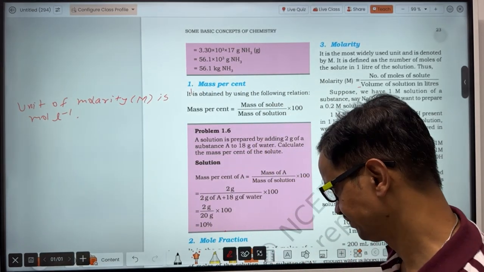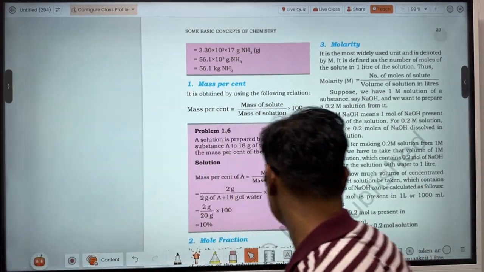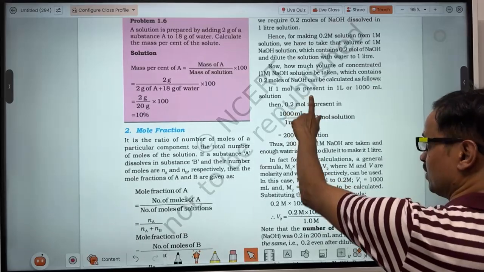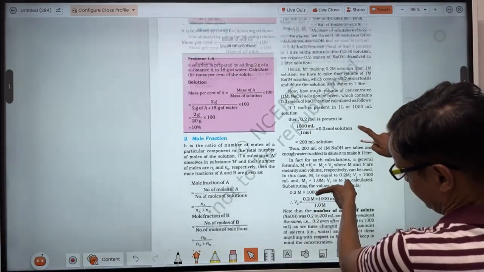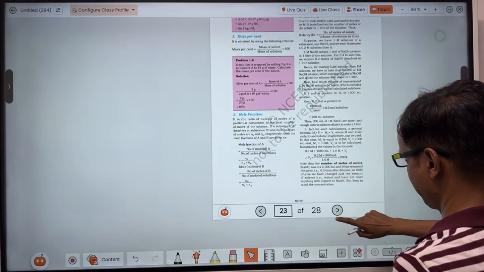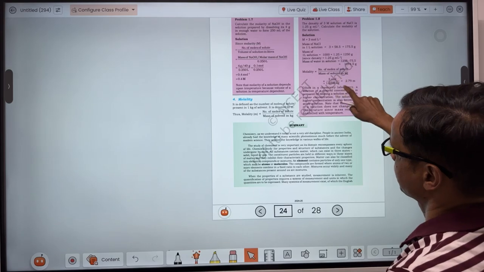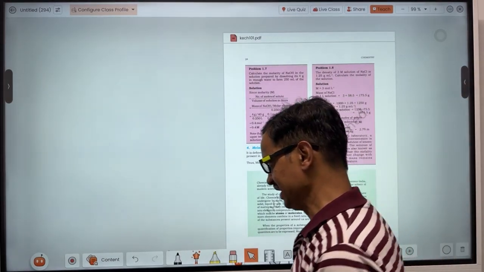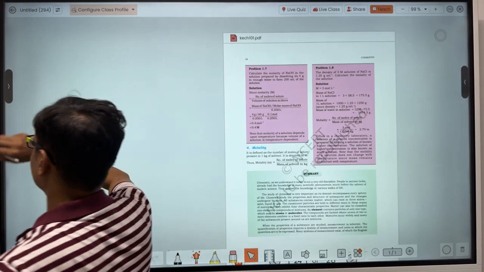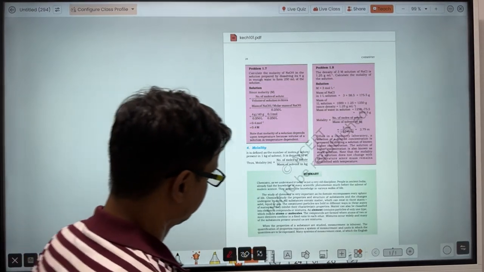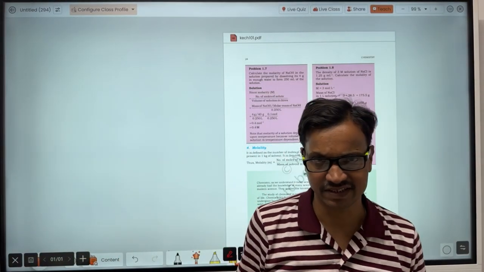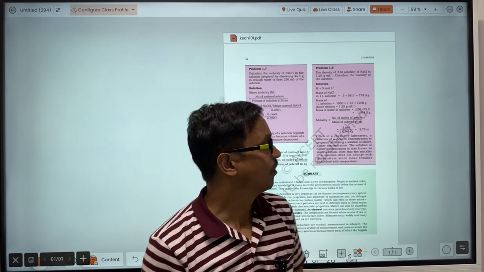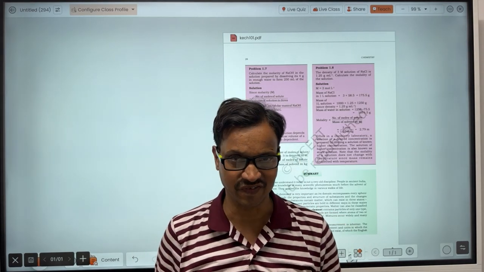Now let's see. Then after that is molality. In molality, we have to consider the mass of solvent. Keep in mind, the mass of only the solvent.